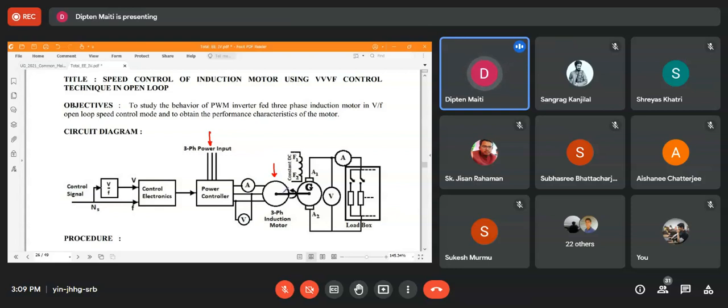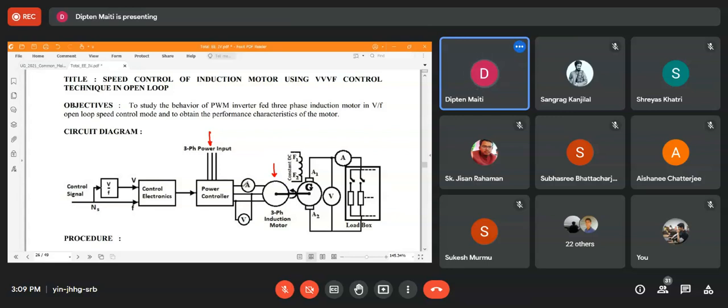So this way we can indirectly load the induction motor mechanically, and as the load of the DC generator changes, that changes the load on the induction motor. That way we can have a variable mechanical load, which is otherwise a little bit difficult.